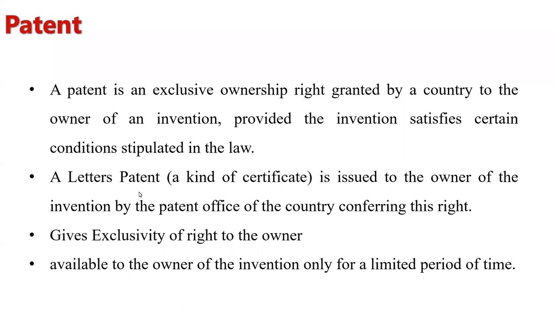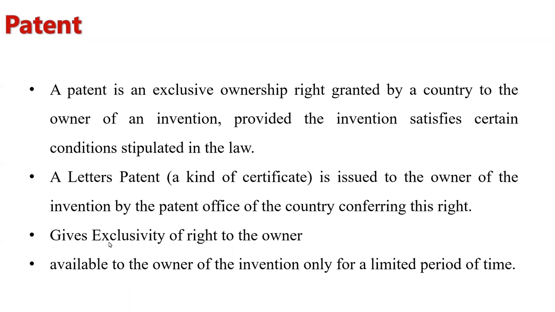If someone is getting the patent, a letter or a certificate will be issued by the patent office. Next, it gives exclusivity of right to the owner. This implies that no one else can make, use, manufacture or market the invention without the consent of the patent holder.